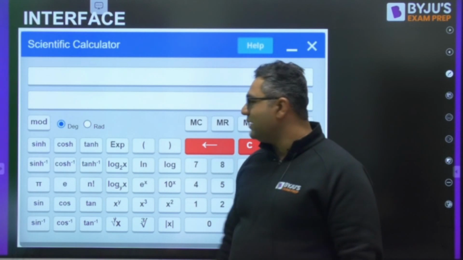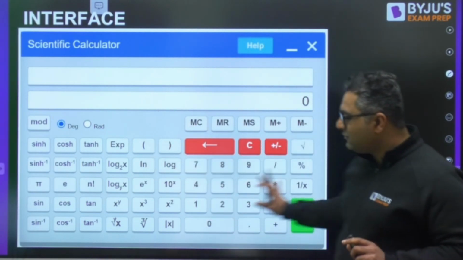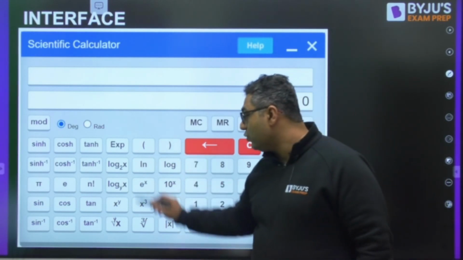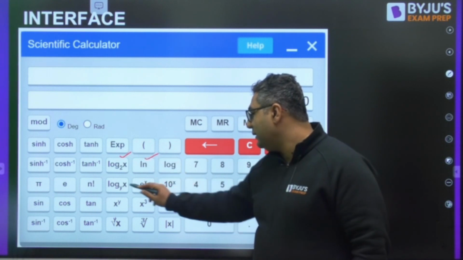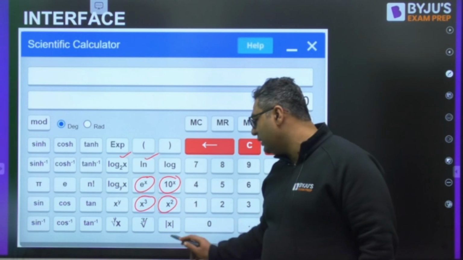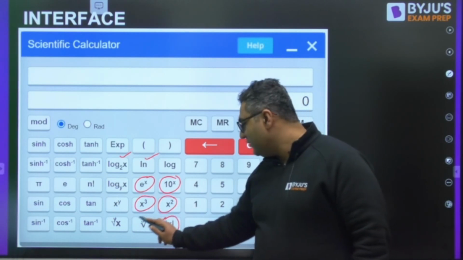This is the interface of that calculator, and you can see it is very compact, and what the various functions available are. There is log, ln, e to the power x, 10 to the power x, x cube, x square. Then there is mod of some number, then the cube root.